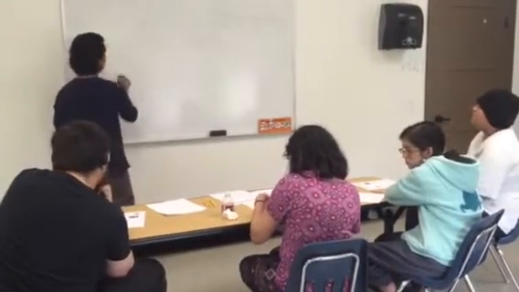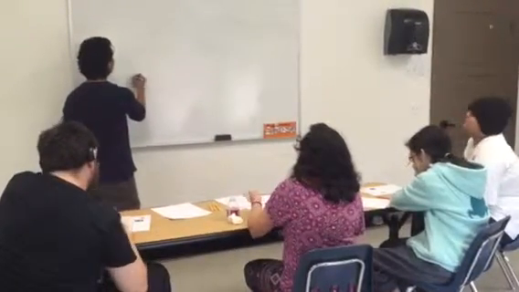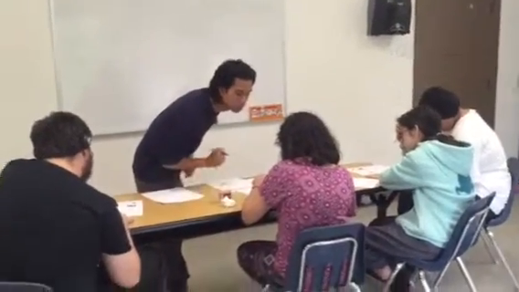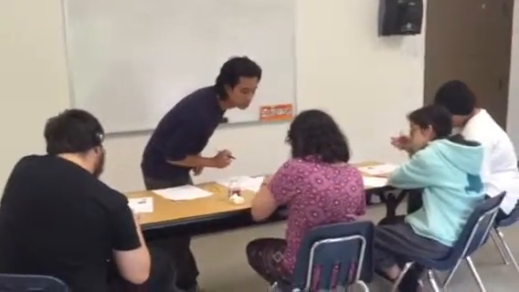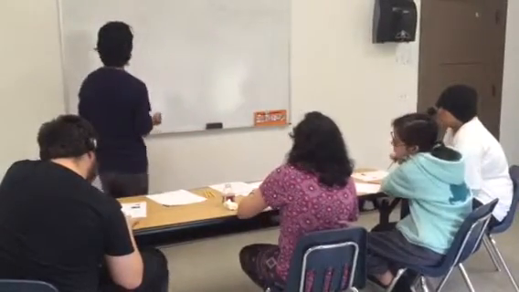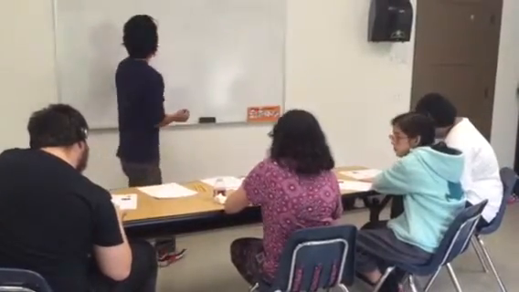So, a fraction is just a division problem. It's the top number divided by the bottom number. 1 divided by 2 equals. And what do we get? Good.